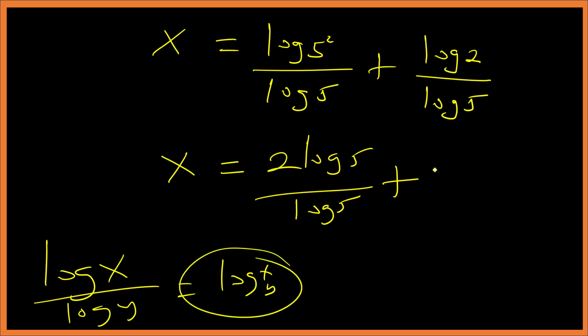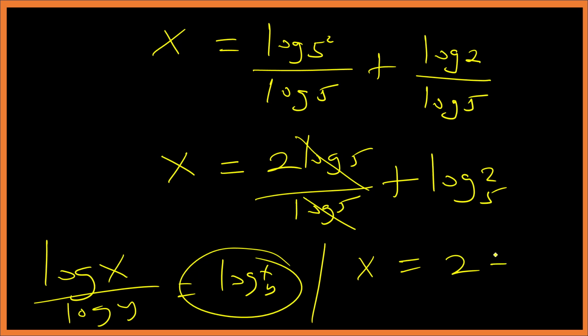So this side will be log 2 to base 5, and this one will cancel. I will leave it as x equals 2 plus log 2 to base 5 as the answer.